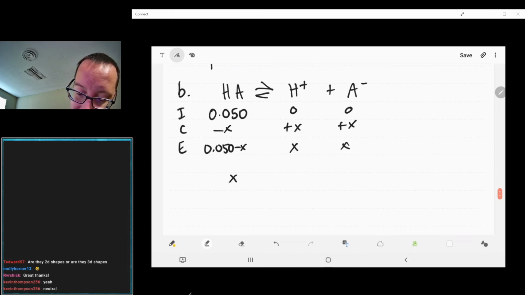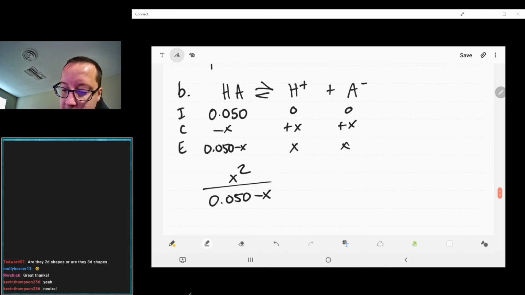So we get x squared over 0.050 minus x equals 10 to the negative 4.84. Remember, that's the opposite of pKa, so when we make it into regular Ka, that's our Ka.